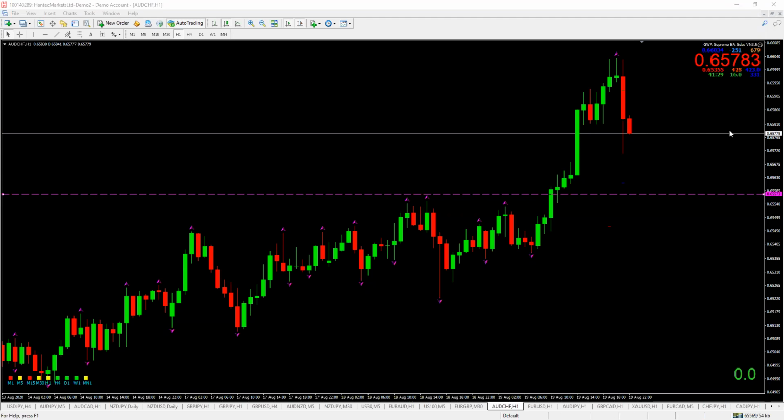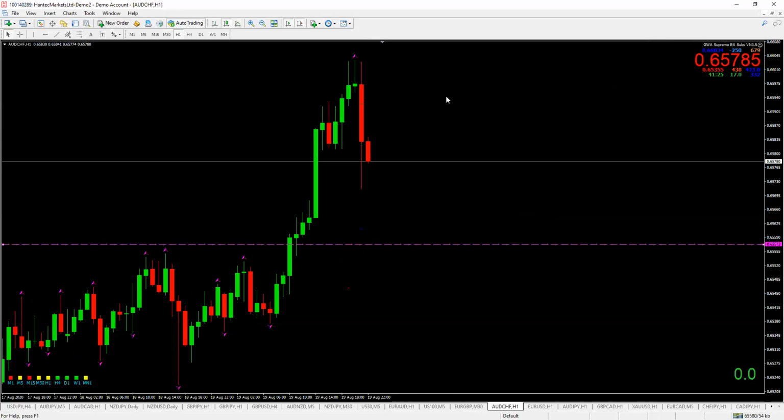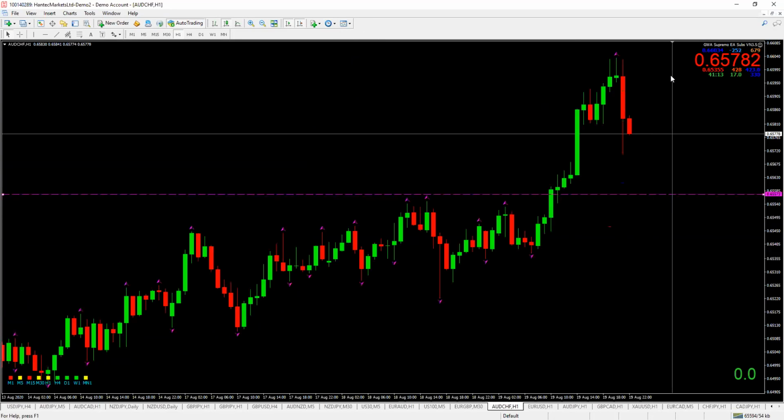If you come tomorrow morning, more candles will have formed, and I'm sure there will be more fractals. So you don't do anything to generate the fractals themselves. They come on the screen on their own.